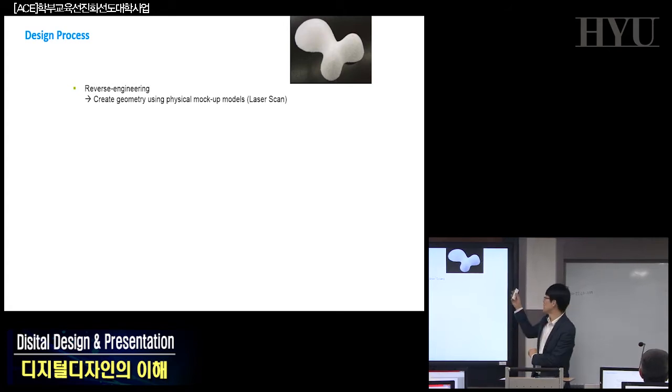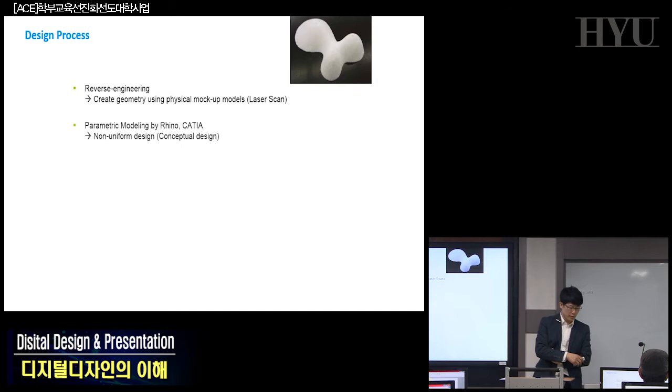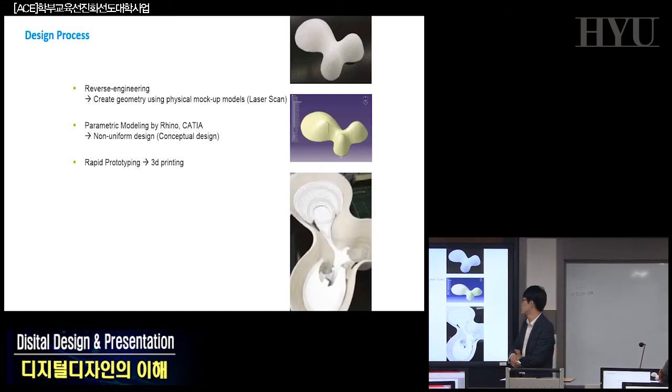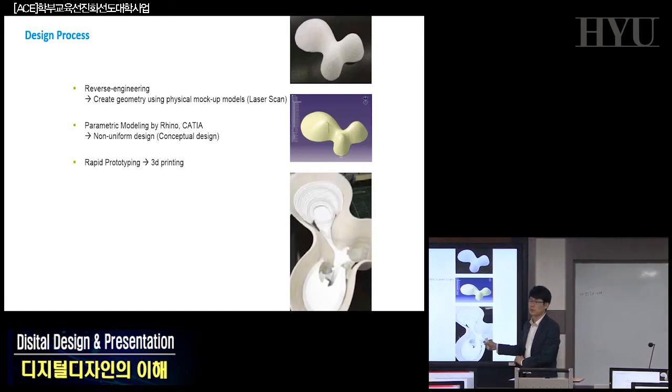Anyway, they made that first, scanned it, and converted it into freeform and 3D solid models in software named Rhino and CATIA Digital Project. So they made this geometric shape, and they printed it out when they had some detail. This is a 3D printout example.